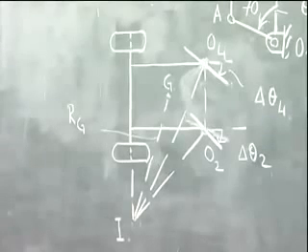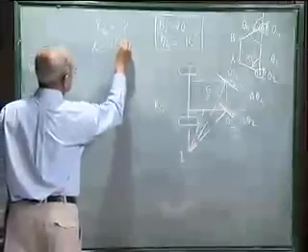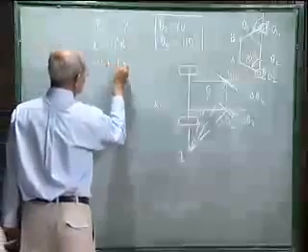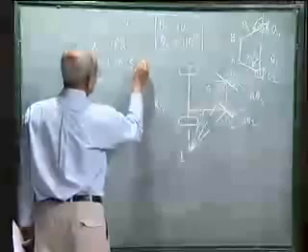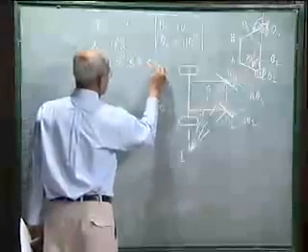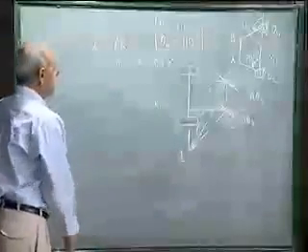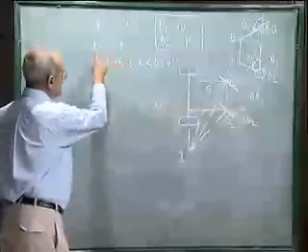We see that the curvature, which is defined as 1 upon r, goes from minus 0.1 meter inverse to 0.1 meter inverse. Right? 10 meter radius of curvature means 0.1 meter inverse curvature.